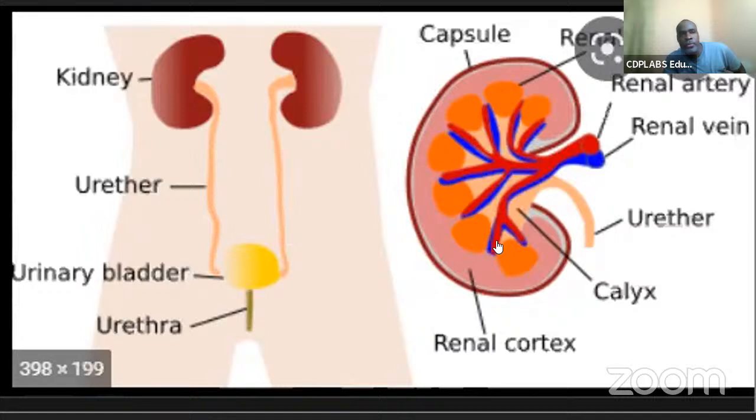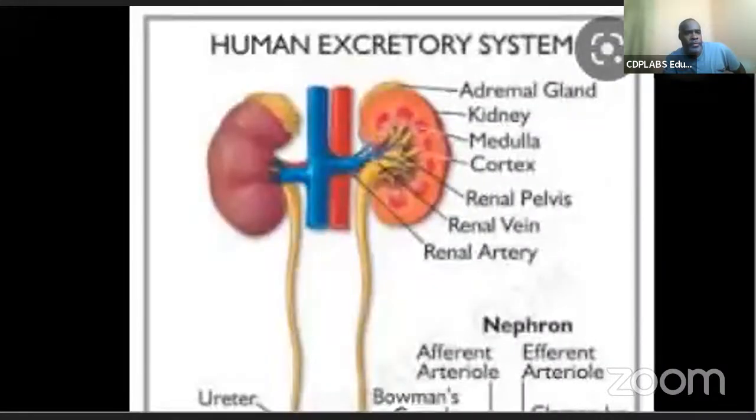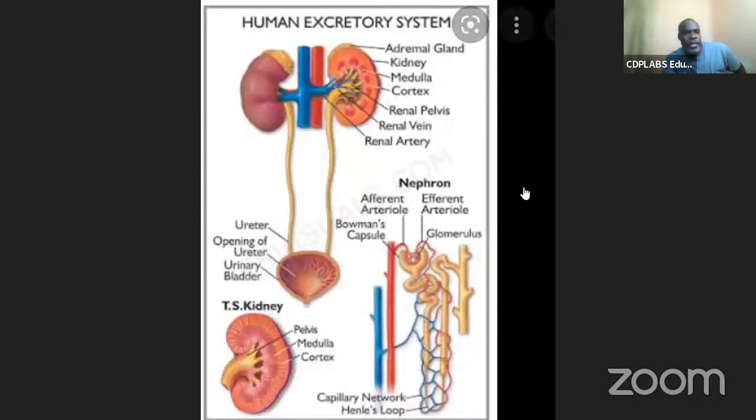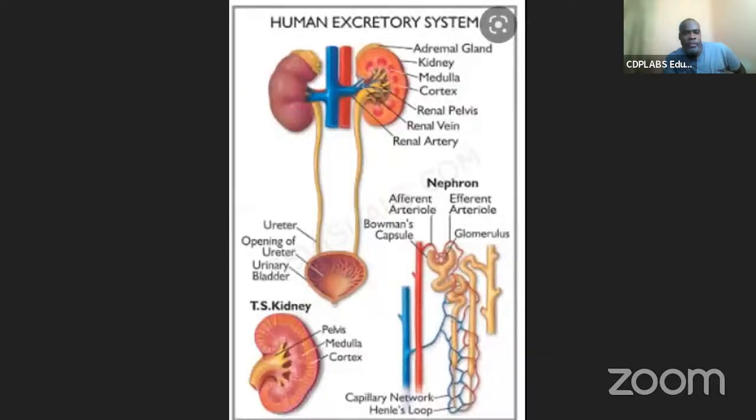Good. So we're going to go deeper now inside of that. Let's look at this diagram. This is just pictures. Once you can identify the structures, state the function, because human and social biology is really about structure and function.